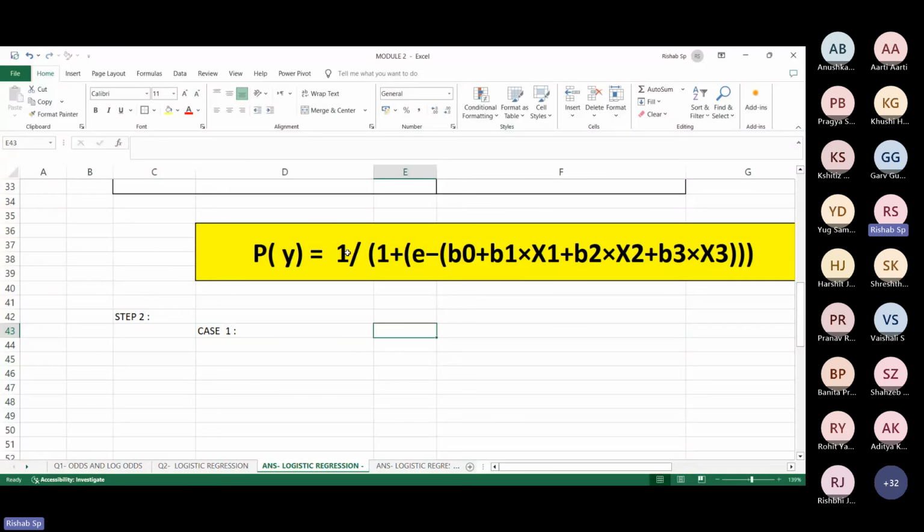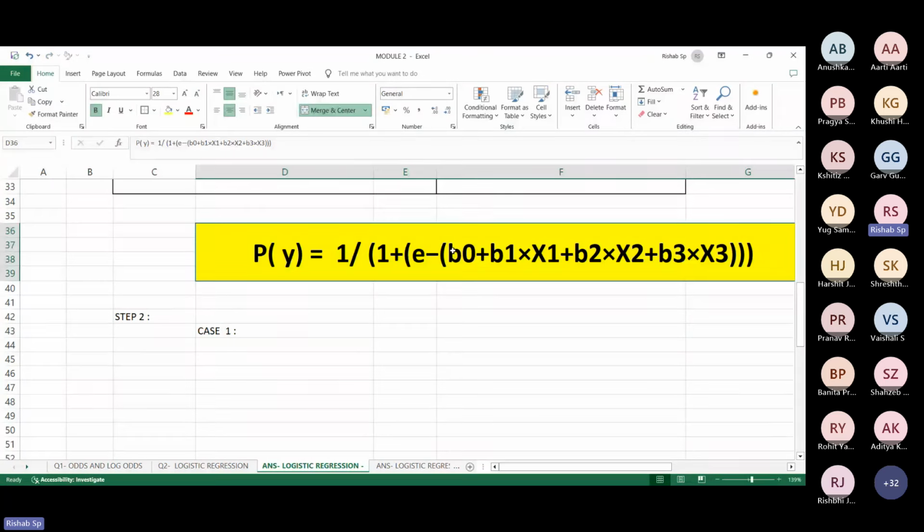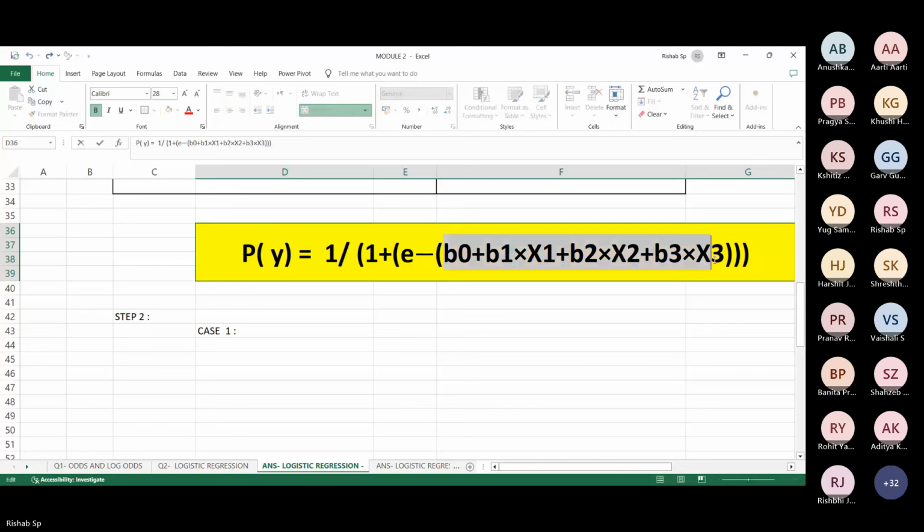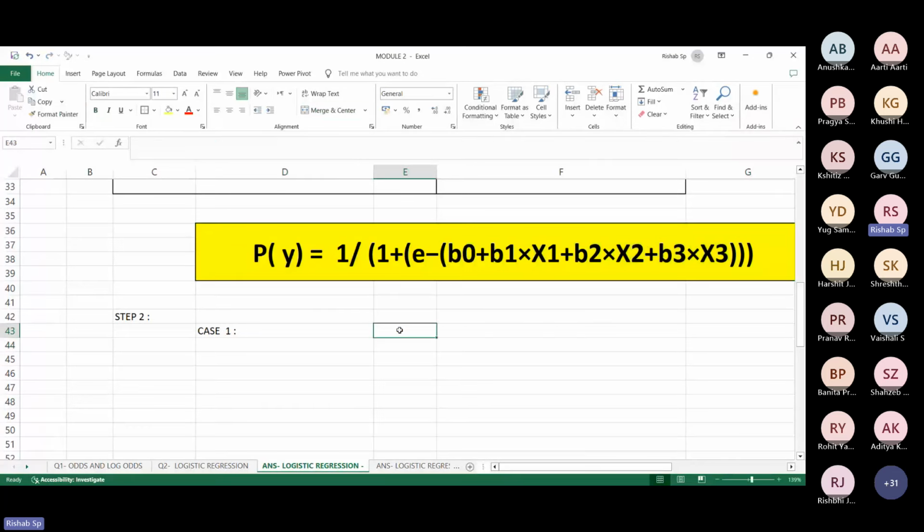I'll solve the linear regression part. I've not done practicals in the linear regression part because here also we are doing the same problem. You can consider this also a linear regression problem. So for case 1, I'll find this, right?